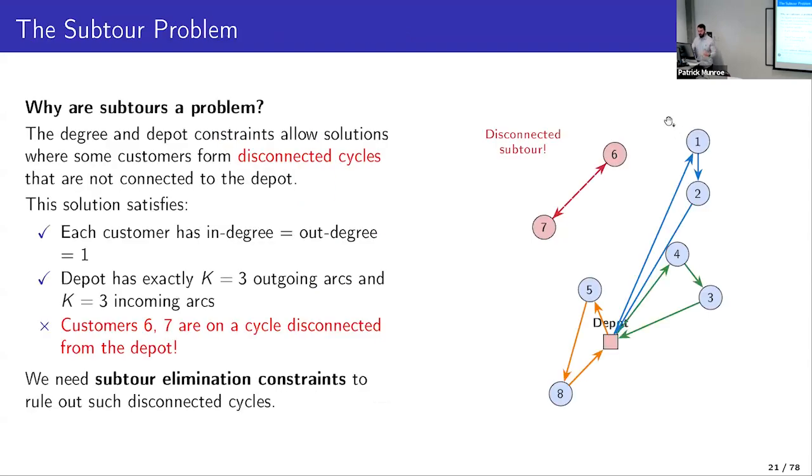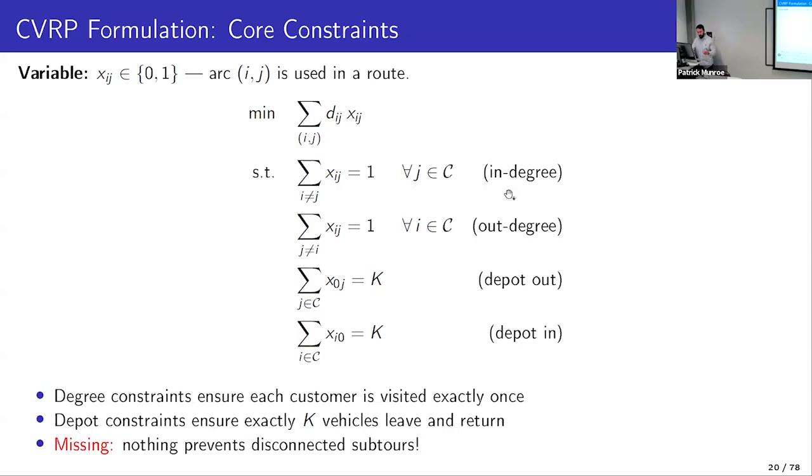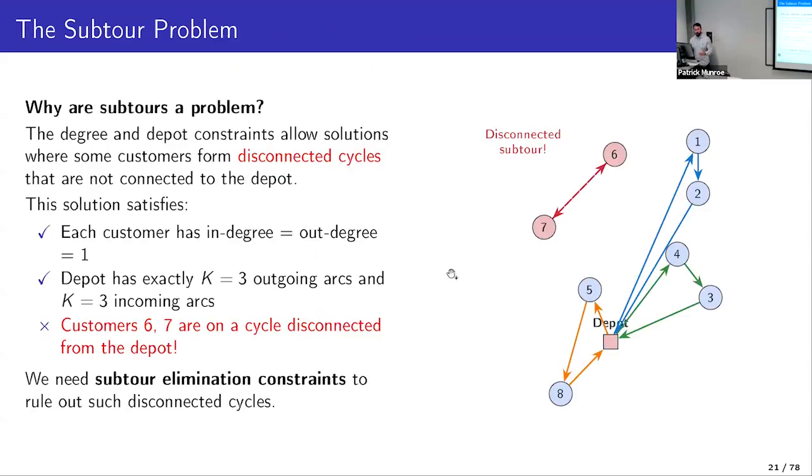Here is an example of a solution to this formulation that is not really a solution to the CVRP problem. The reason is that we can have something like what happens between nodes 6 and 7. You see it's not connected to the depot. So when it's not connected to the depot, it's called a disconnected subtour.